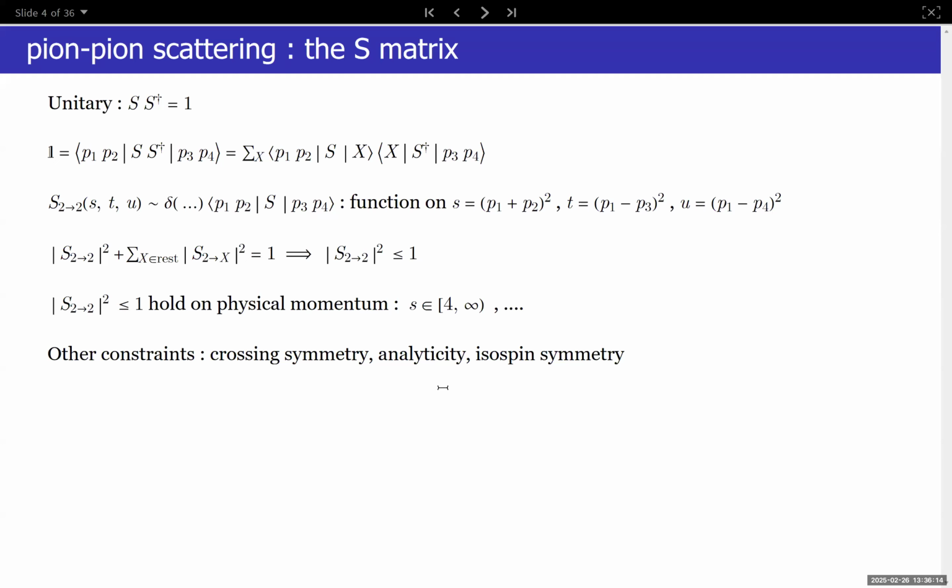Therefore, if we only look at the 2 to 2 S matrix squared, it should be smaller than 1 in the physical region. Besides that, we also have crossing symmetry, analyticity, and isospin symmetry. In this talk, I'm going to assume that in the pion scattering, pions have exact isospin symmetry.